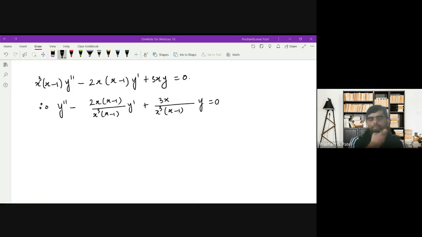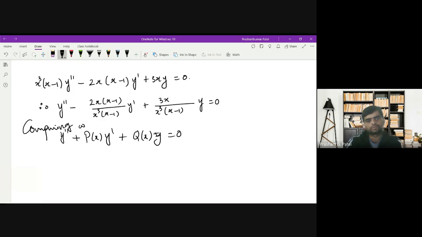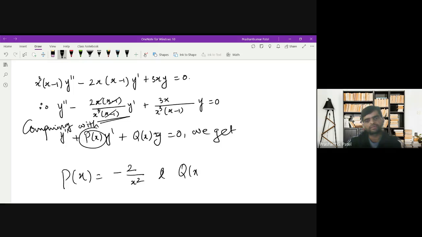Comparing this equation with y double dash plus p of x y dash plus q of x y equal to 0, we get p of x as follows. You just observe that x cube times x minus 1 cancels out and 1x cancels out. So p of x is minus 2 upon x square, and q of x is 3 upon x square times x minus 1.